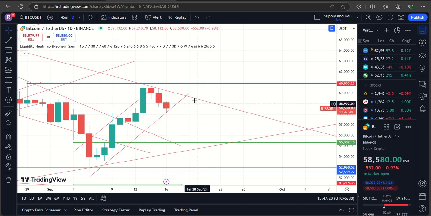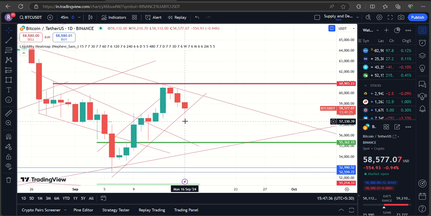But unless and until we clear either this side or this side, the trade seems like it's not going to work out. There's no long or short right now. I would be basically waiting for the key level support to hold, and that is where I would like to start trading. So I'll be waiting for that.